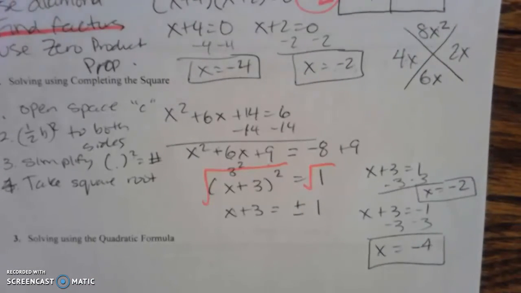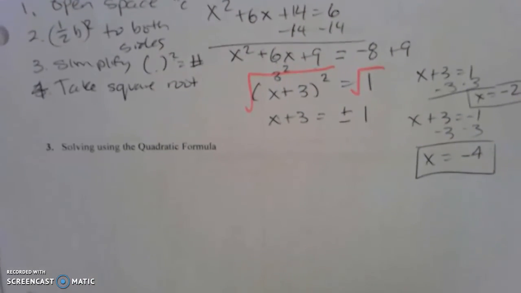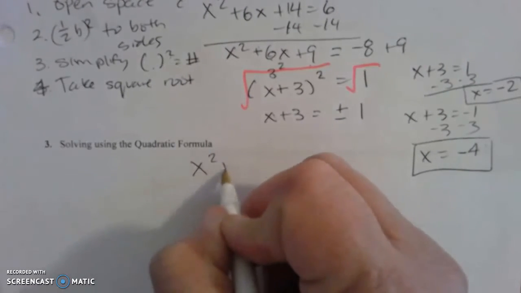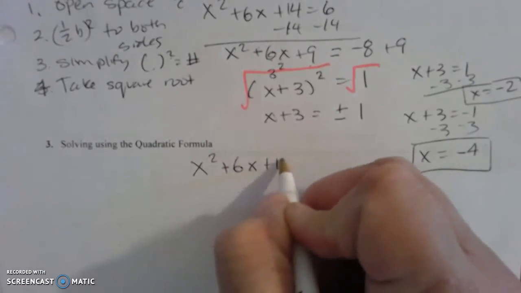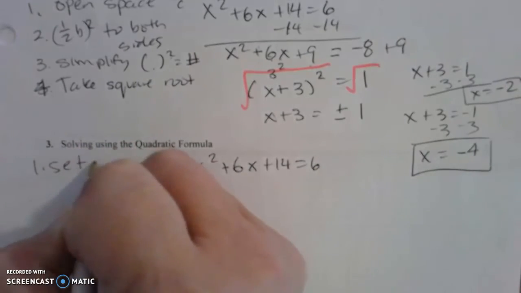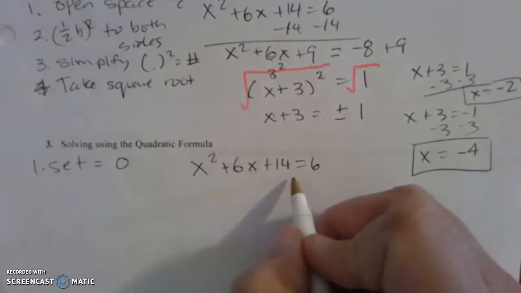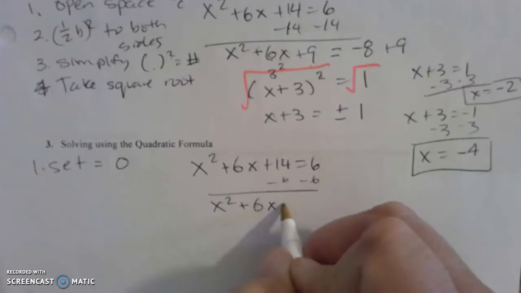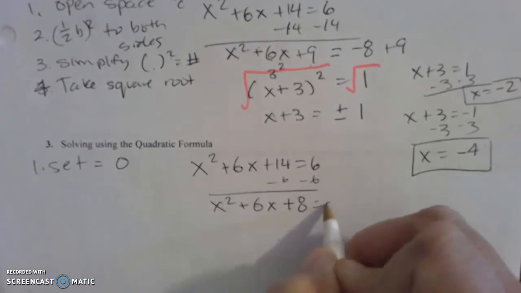And now we're going to solve the exact same problem using the quadratic formula. So x squared plus 6x plus 14 equals 6. First thing you're going to do is set equal to 0. So we're going to subtract 6 from both sides. X squared plus 6x plus 8 equals 0.